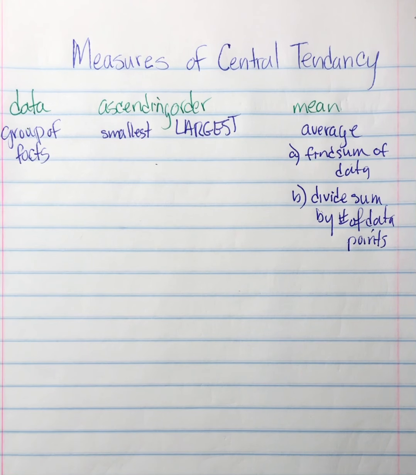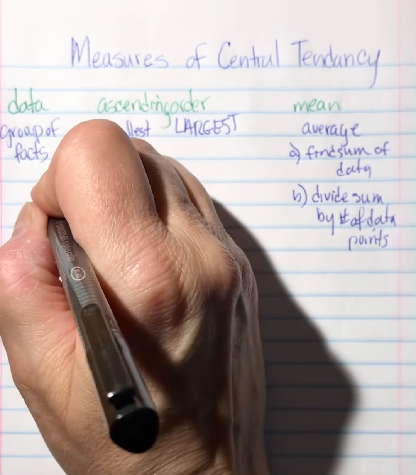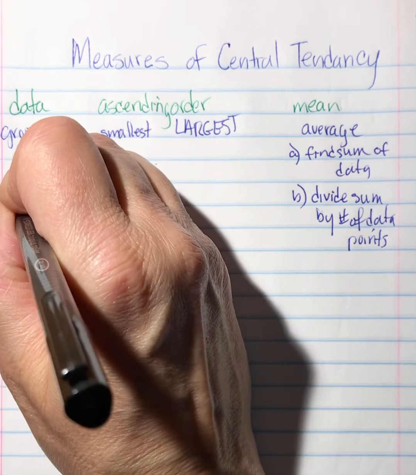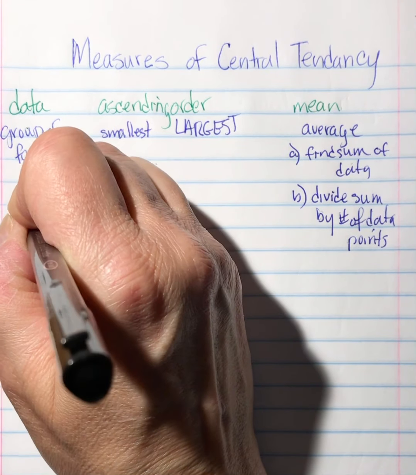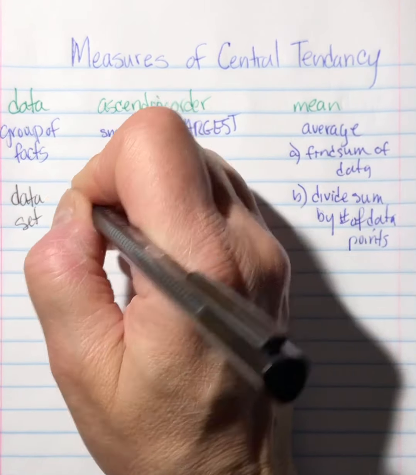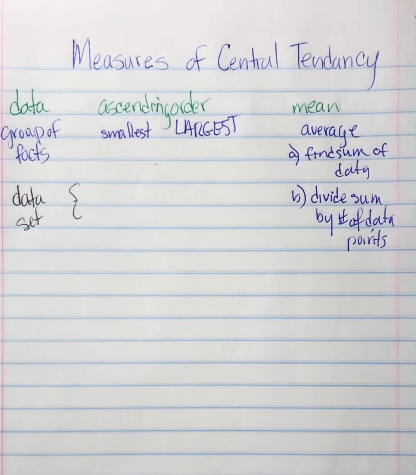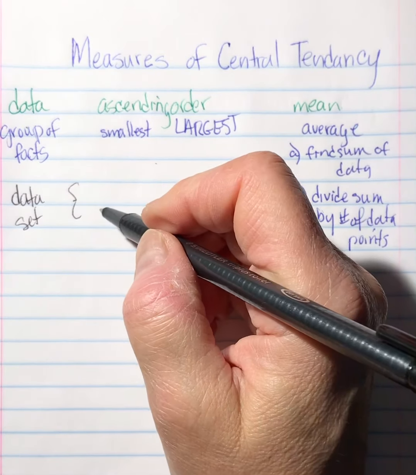We're going to practice going through one set of data, and I am going to just pull a random set of data. Our data set is, and a data set just means a group of numbers. A lot of times you'll see data sets with these bracket-like things around them.